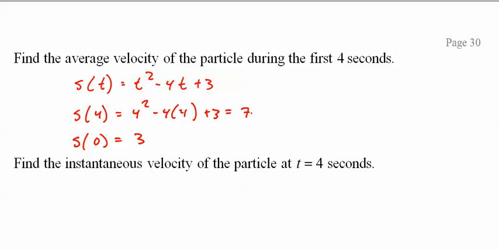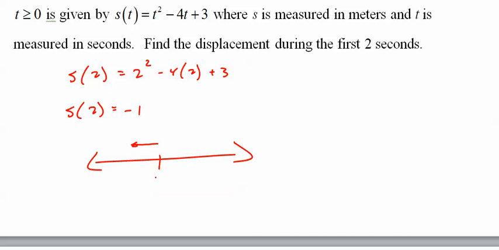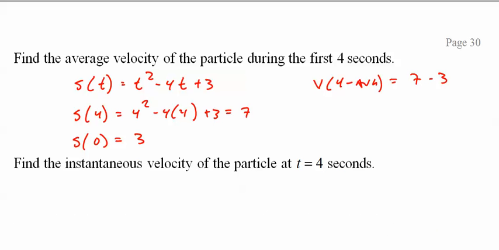Velocity average is how far it went in 4 seconds, how far it went in 3 seconds. And notice I screwed this up before. It didn't start at 0. It really started at 3 and went down here to -1. Divided by total time for your average velocity for 4 seconds is 1.